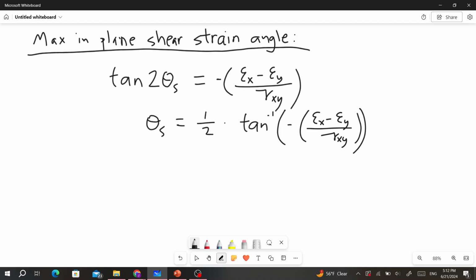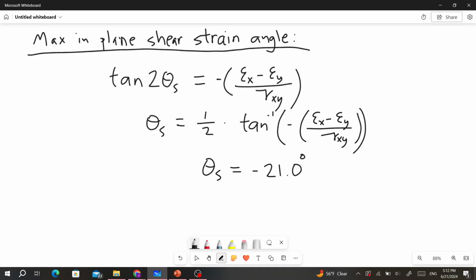So what we'll do is plug the numbers that were given to us, epsilon x, epsilon y, gamma xy, into the calculator and we'll get that theta s is equal to -21 degrees.